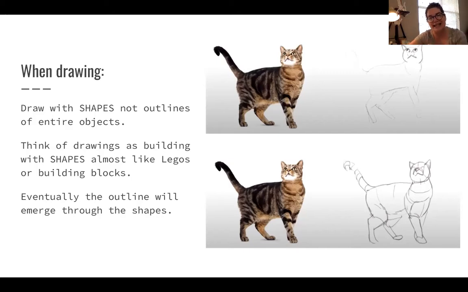This is why seeing and observing an actual object is so important, because we train our eye to break things down into shapes, okay? It's almost like building with Legos or building blocks. You're building it together, and eventually the outline will emerge through this series of shapes.